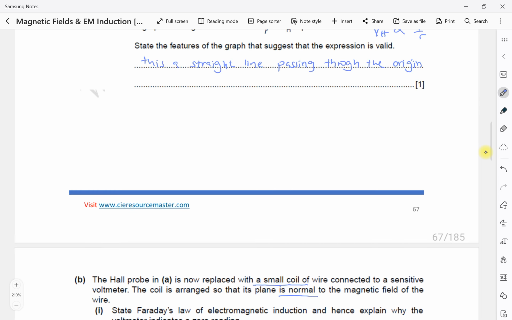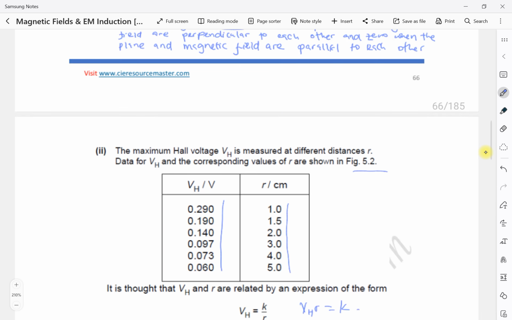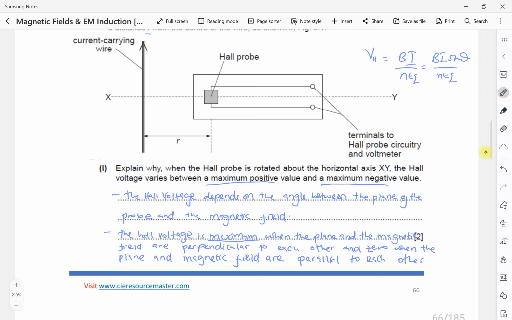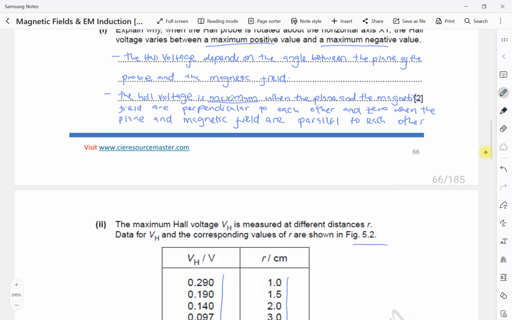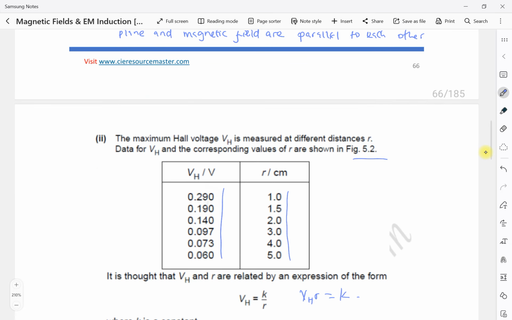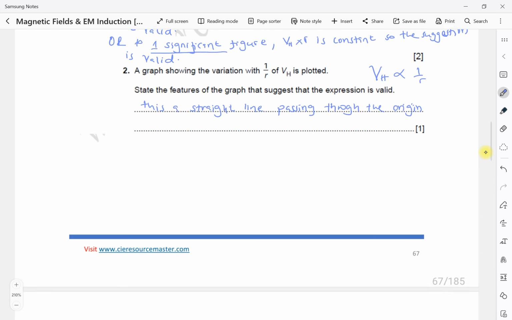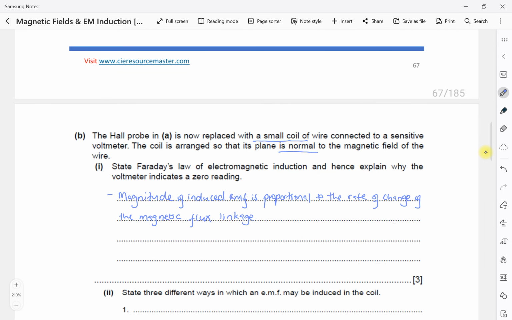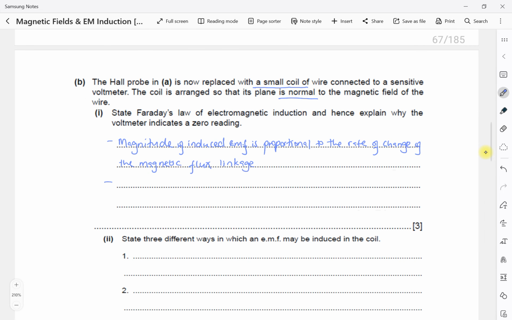Because now we are holding a coil in the position where we had the Hall probe and it is not moving, it means there is going to be a constant magnetic field, of course, at the position of the coil. That means the magnetic flux linkage is constant and therefore there will be no induced EMF. So we could say there is a constant magnetic field due to the wire.